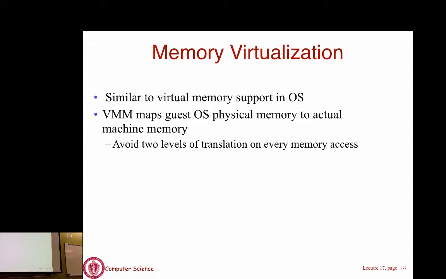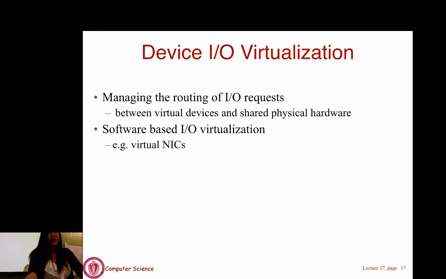This virtual memory is managed by the virtualization layer, the monitor, to do these two levels of mapping to actually translate it into the machine memory. One thing to take away is that the virtualization layer did a mapping itself.